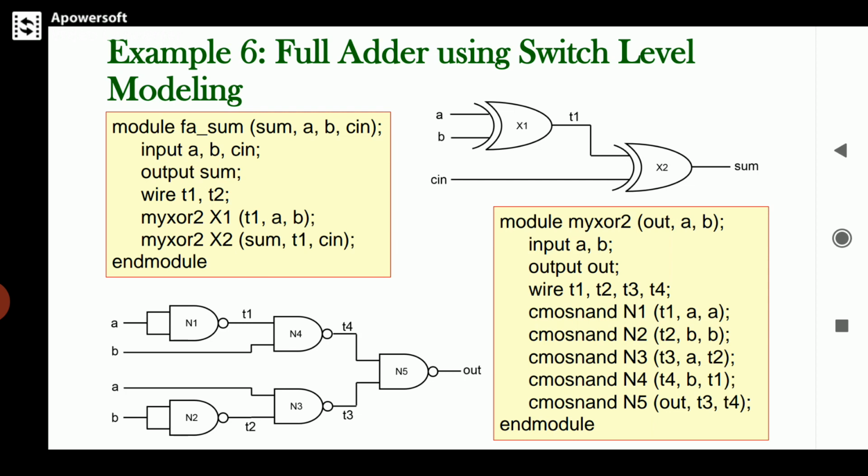Now we have to implement this XOR gate. You can see in the right hand side code, the XOR gate module is implemented again using 5 NAND gates N1 to N5. Its netlist or circuit is shown here in the presentation.